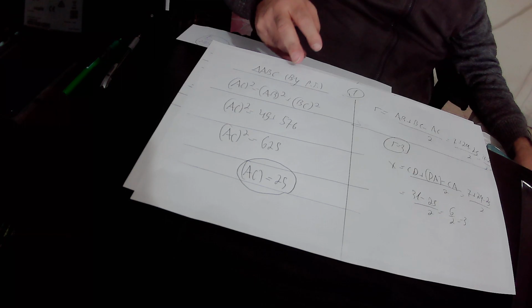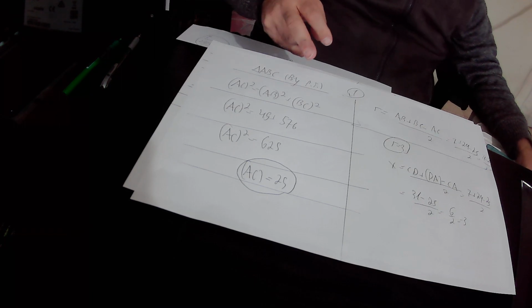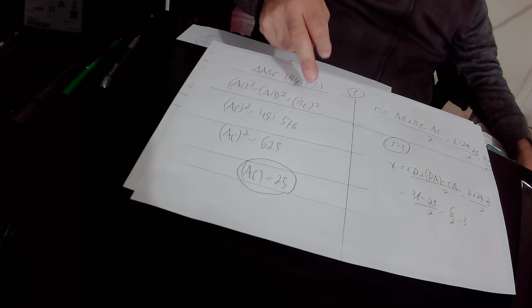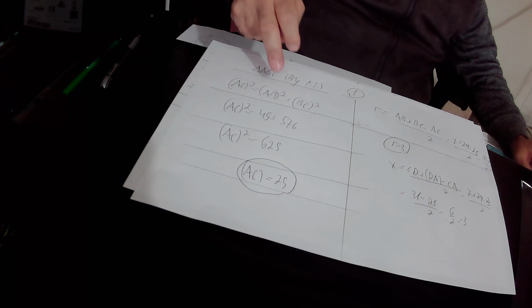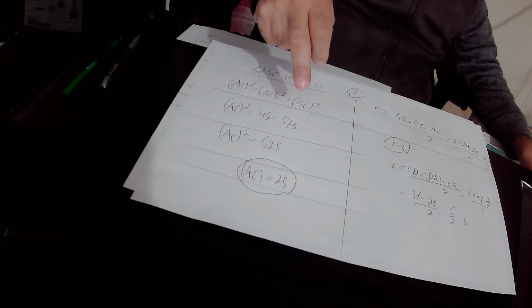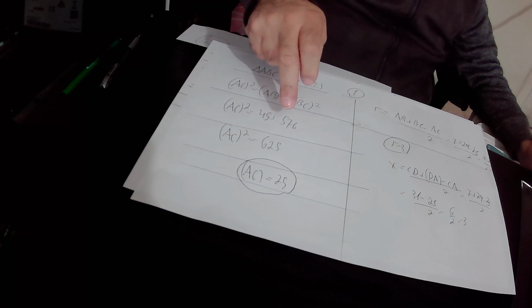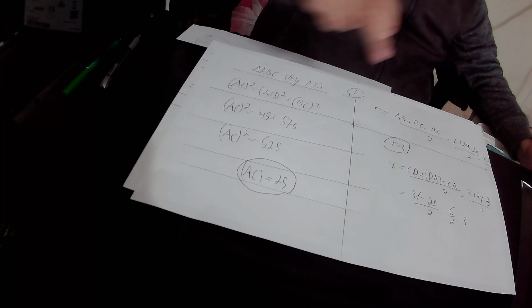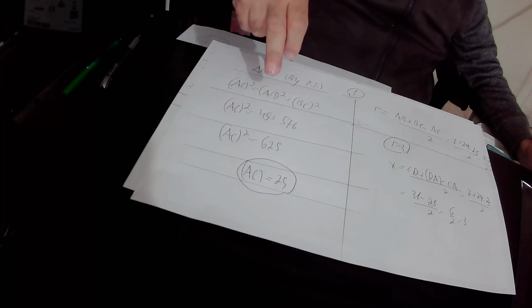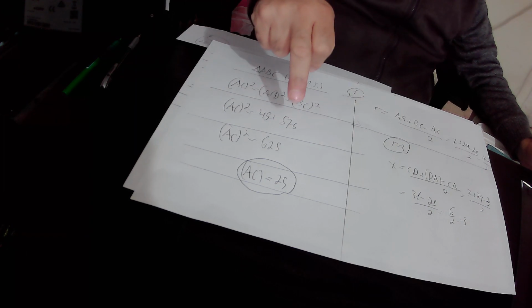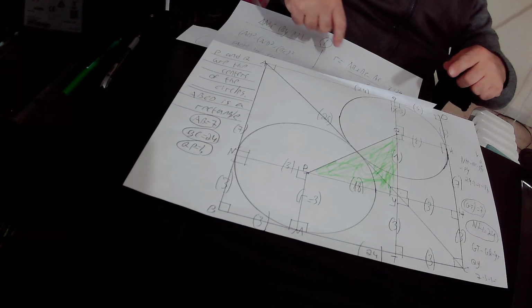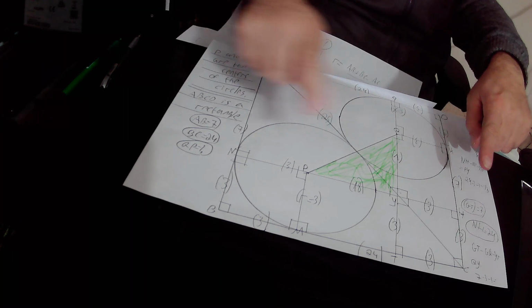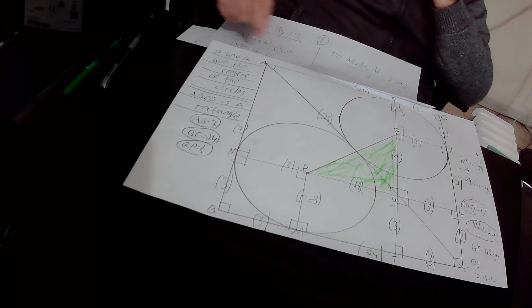AB is 7, therefore AB squared is 49. BC is 24, therefore BC squared is 576. So in total AC squared equals 49 plus 576, that is 625. We took the root of this equation and found that AC equals the square root of 625, that is 25. The length of the hypotenuse AC in the right triangle ABC is 25 units.